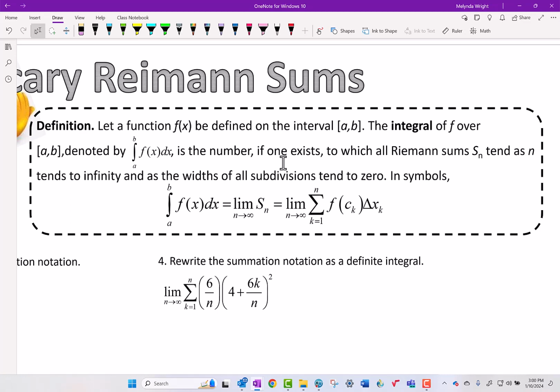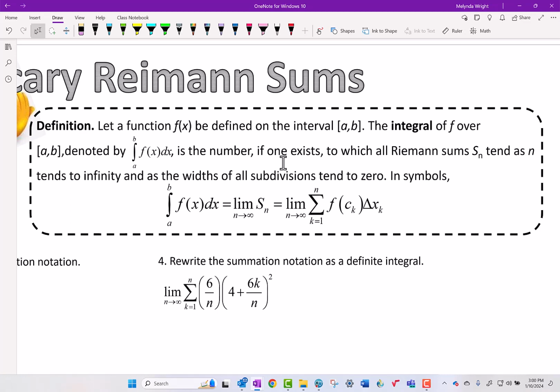Do you remember way back in the day when we learned the definition of the derivative? What was that? How do we find it? Didn't we do a limit?